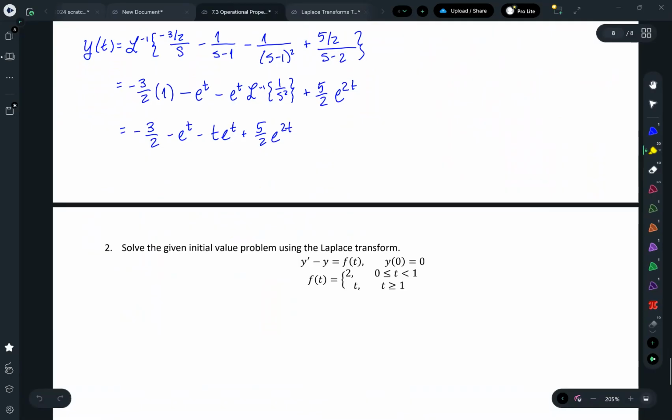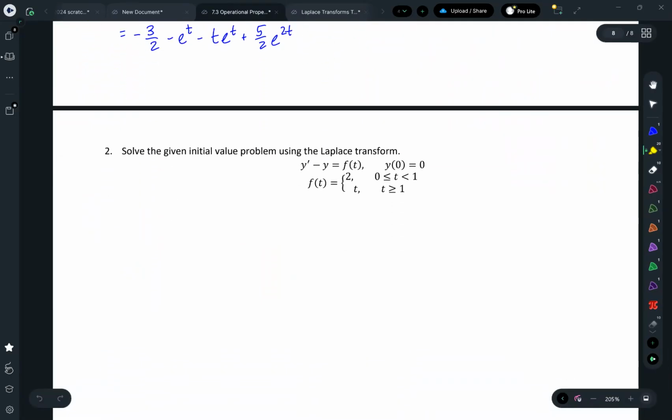Okay, next problem. We have to use that unit step function for its power. We're going to use it when we've got a differential equation that is equal to some f of t, where f of t is a piecewise function. So this is saying that our differential equation is equal to some non-homogeneous term for different t values. That's a little weird.